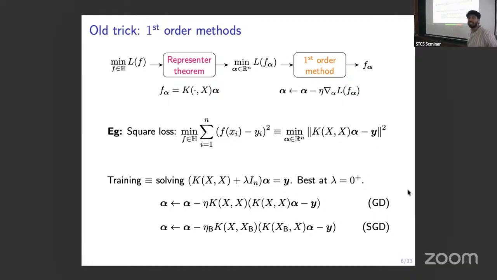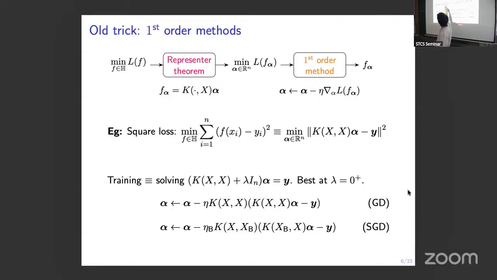So could you repeat what the representer theorem does? The representer theorem tells you that when you solve this infinite dimensional optimization problem, any optimal solution is going to have a finite representation in terms of n coefficients.